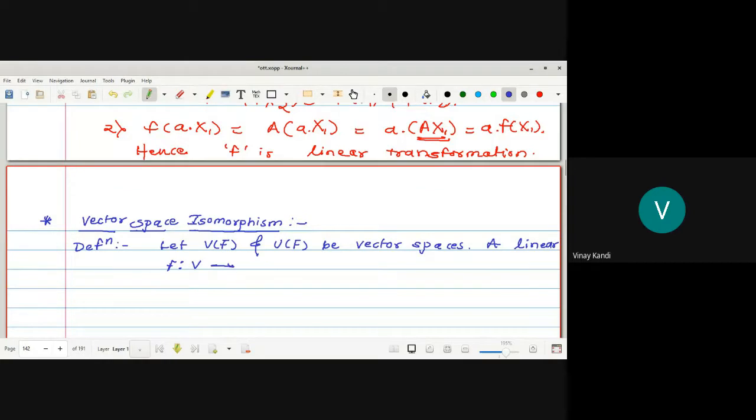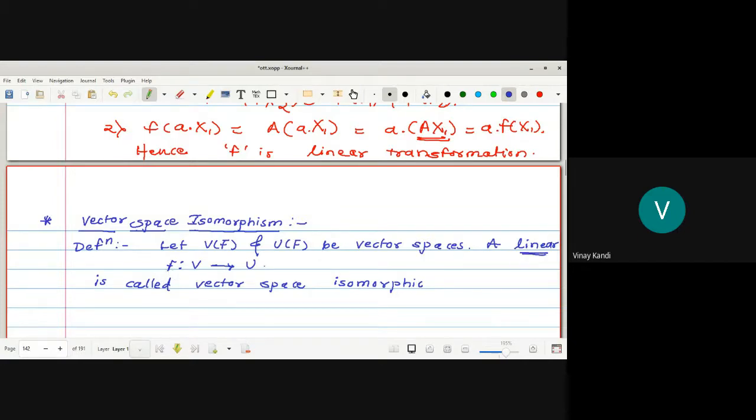is called a vector space isomorphism. The mapping is called so if, first, F is a linear map. This is a linear transformation.